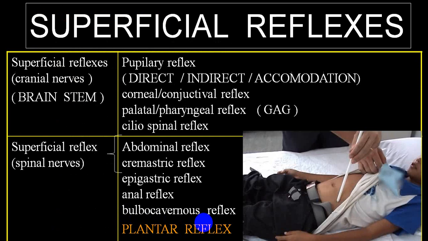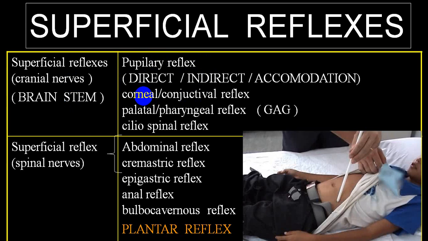Now talking regarding superficial reflexes, we divide into two: those involving cranial nerves, or brainstem reflexes, and spinal nerve reflexes. In brainstem reflexes, we do what we call pupillary reflex or light reflex. And then there are two other reflexes, corneal and conjunctival reflexes, where the fifth cranial nerve is the sensory pathway and the seventh cranial nerve is the motor pathway.